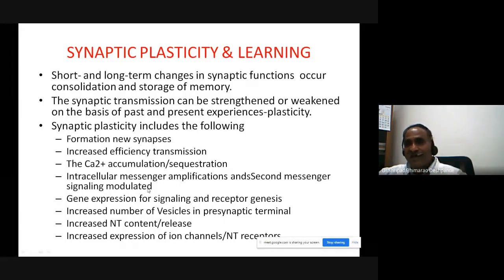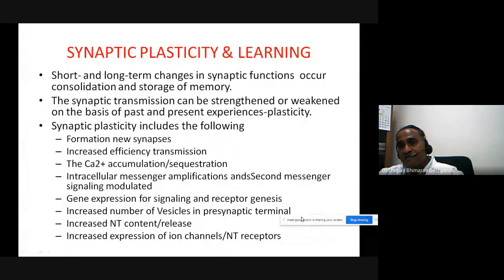That means they are increased. Then gene expression, so that signaling leads to receptor genesis or neurotransmitter genesis or new protein synthesis, increasing the number of vesicles in the presynaptic terminal, increasing the neurotransmitter content and release, the efficiency of the release, and increasing the expression of the ion channels and neurotransmitter receptors.